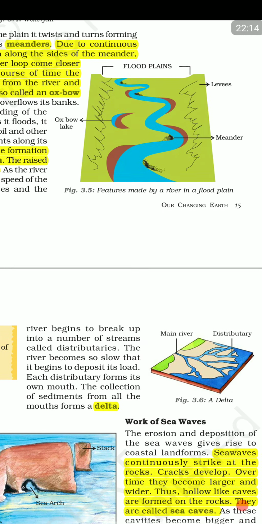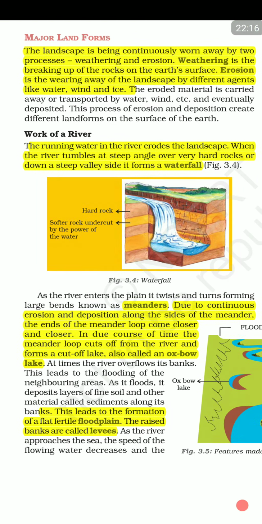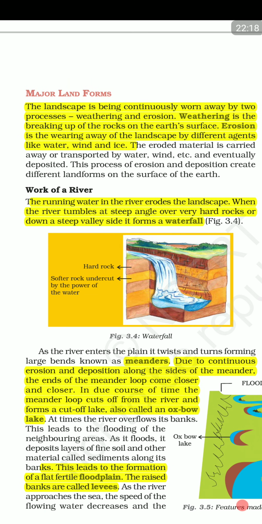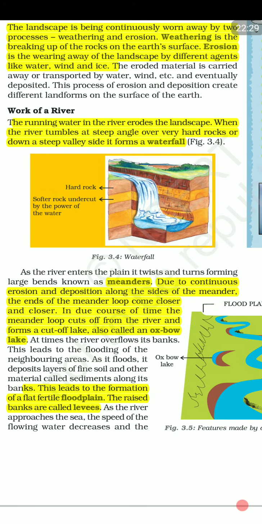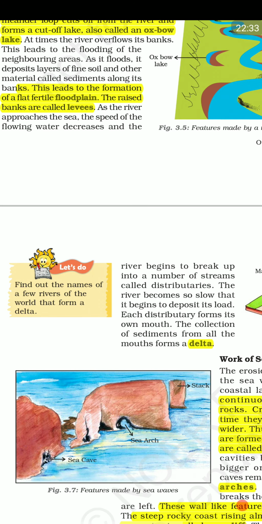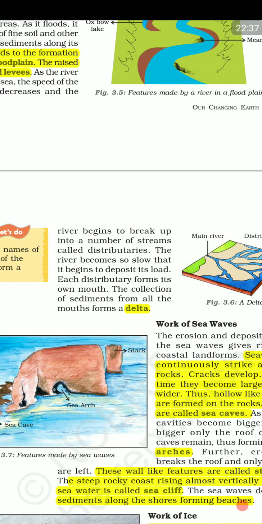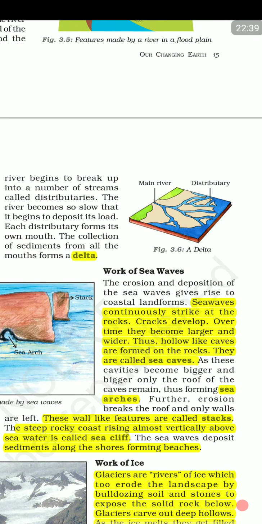So if we see the work of a river, in the upper reaches it forms waterfalls. In the plains it forms meanders, oxbow lake, floodplains, and the levees. And at its mouth or the end stage it forms a delta, right?